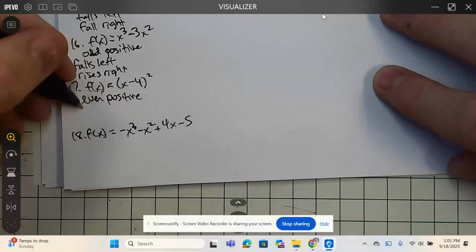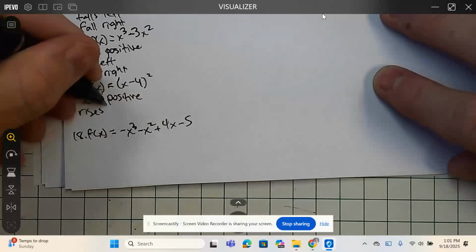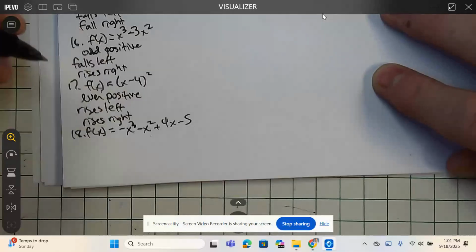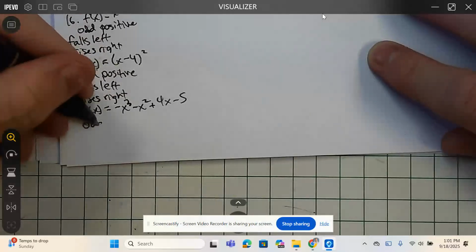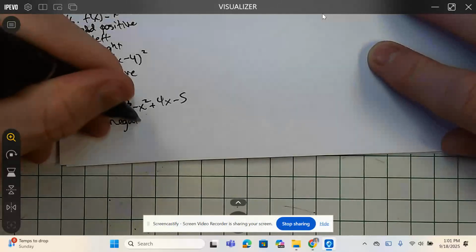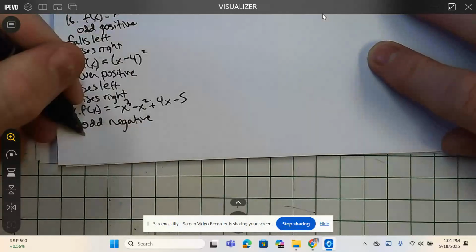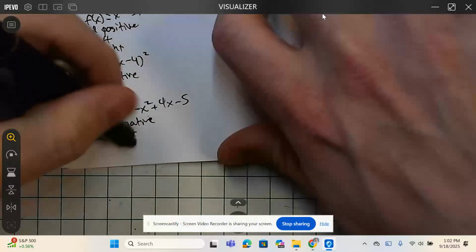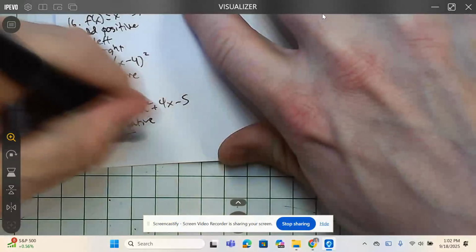So this one rises left and rises right. You could look at your notes here. I'm just copying this down. This is an odd negative, and this one rises left and falls right.